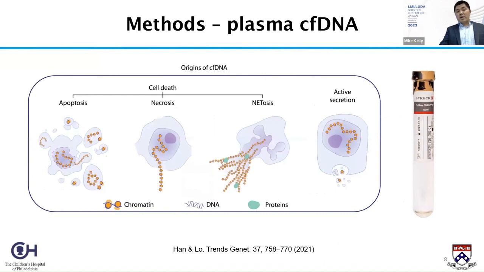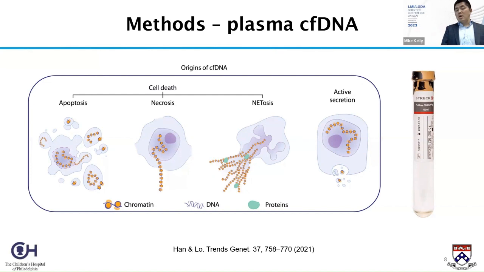So cell-free DNA refers to the DNA fragments released into the biofluid by different mechanisms, for example, cell apoptosis, and we use this Streck BCT tube to preserve the cell-free DNA.